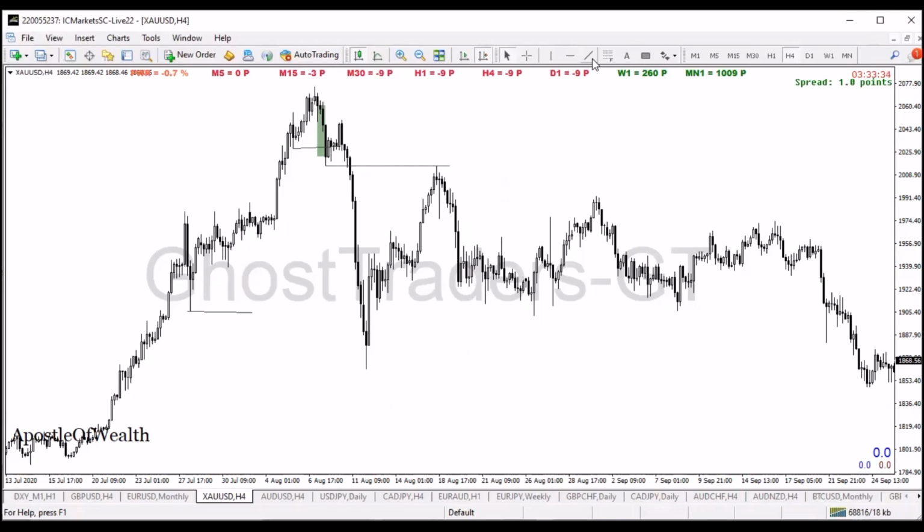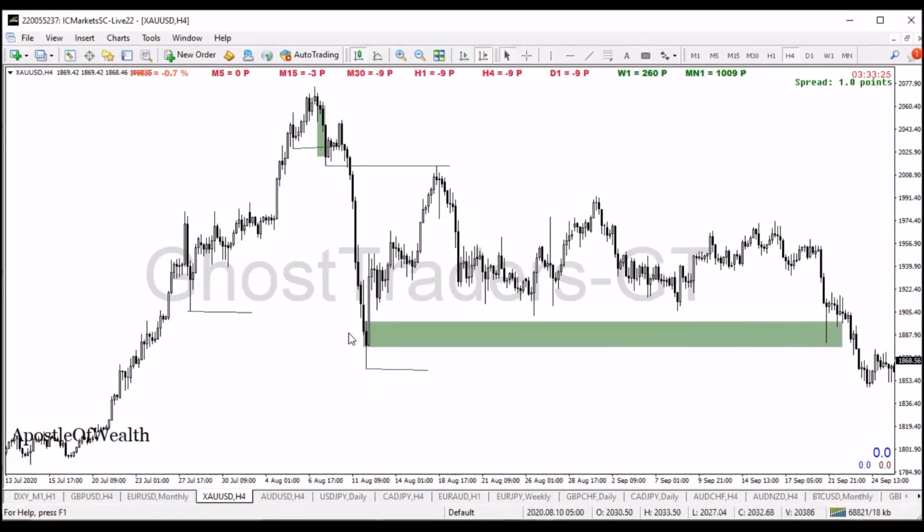Looking at this low here, we're going to have some order blocks at this level. If you look at this level, we have an order block here, but we're not going to be looking to take this order block. The reason is based on order flow.